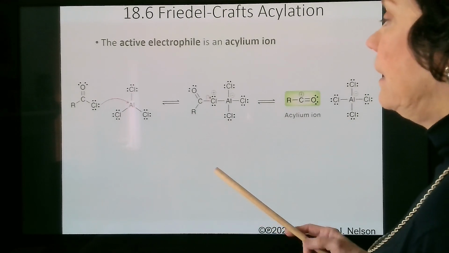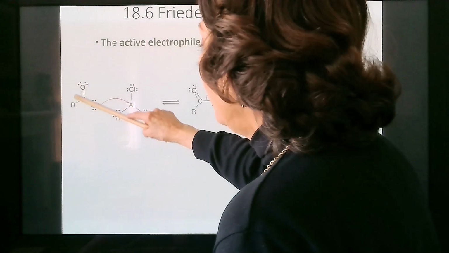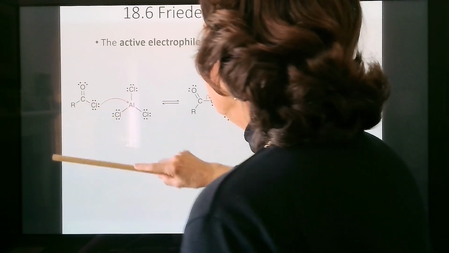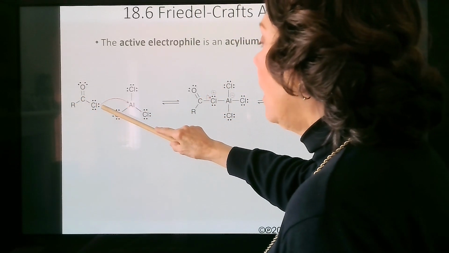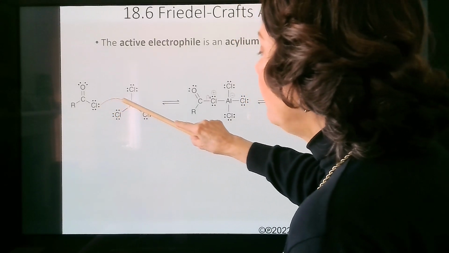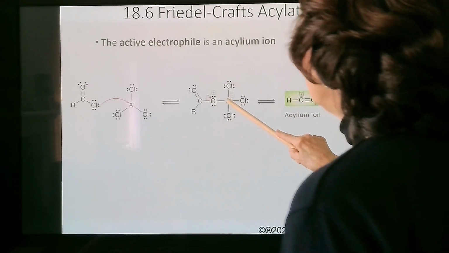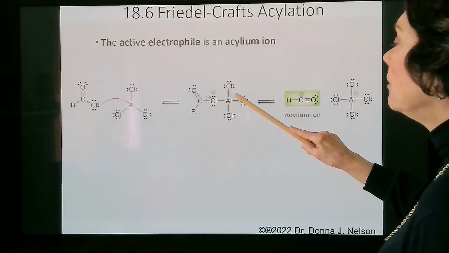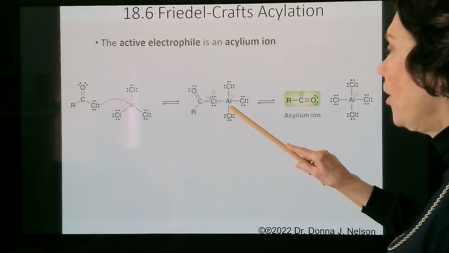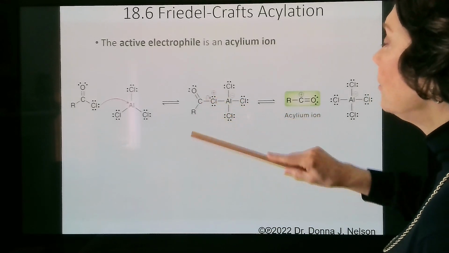So here we have the carboxylic acid chloride. Once again, the chlorine has a pair of electrons that will be donated to aluminum. So the aluminum will bear a positive charge.